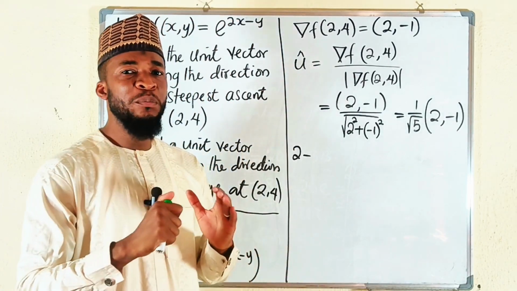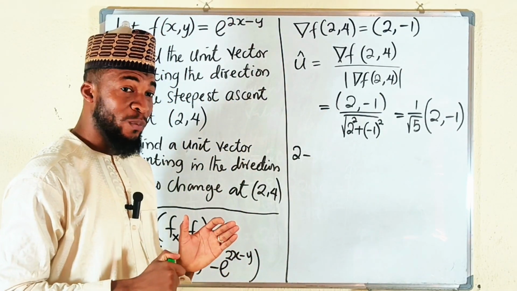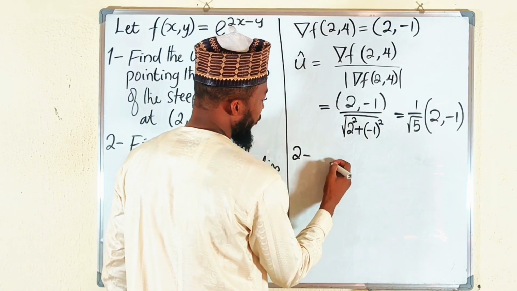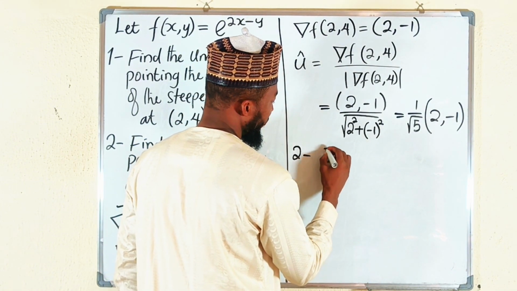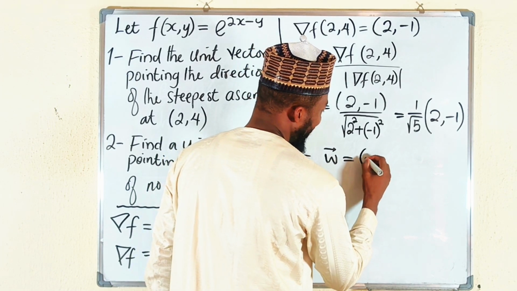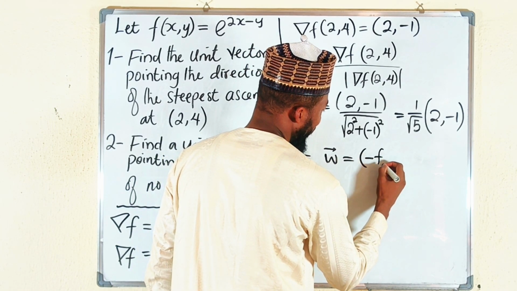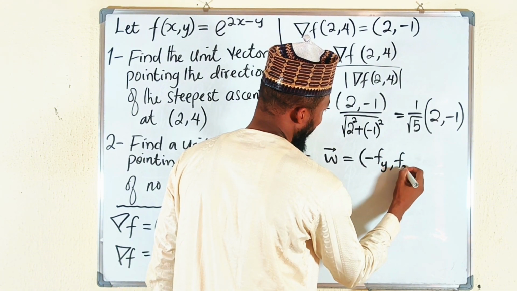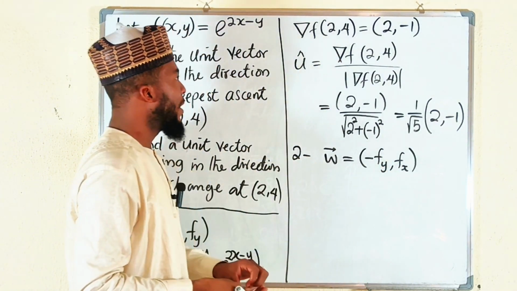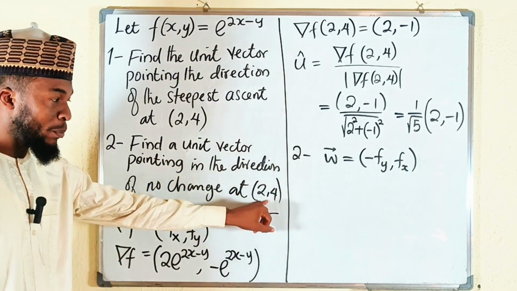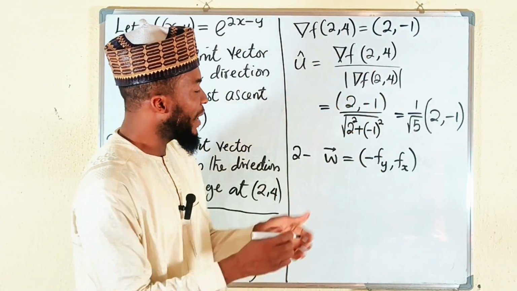Before we come to the unit vector, let's call that vector W. The best way to find it is to take negative f subscript y, f subscript x, evaluated at the same point.